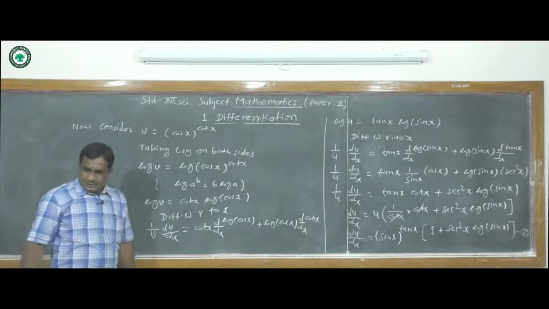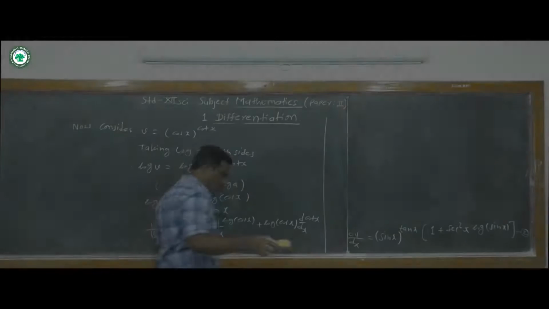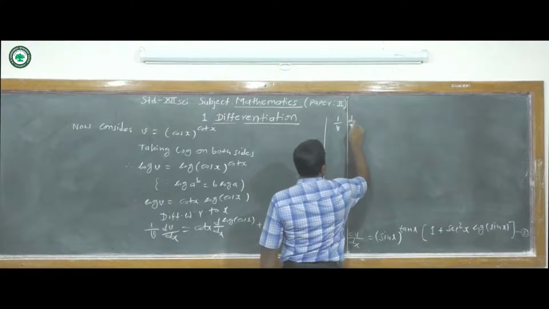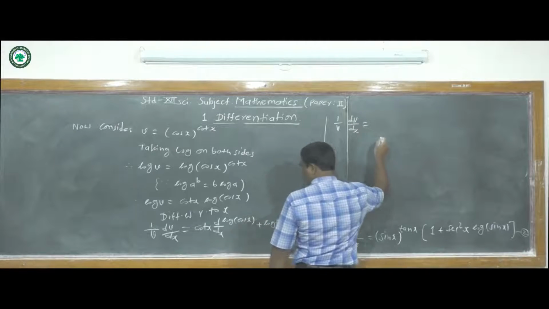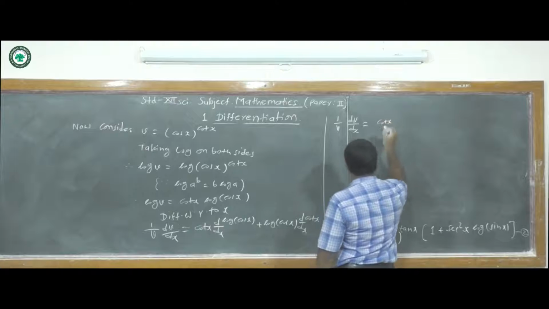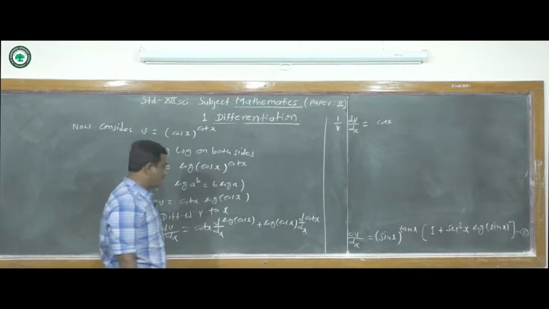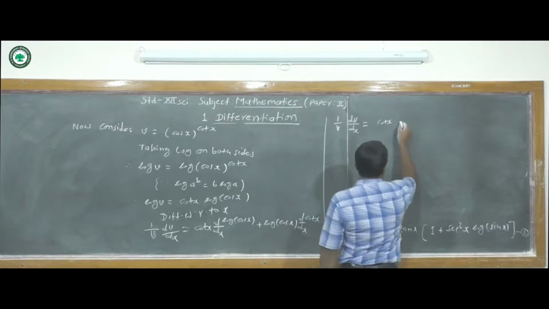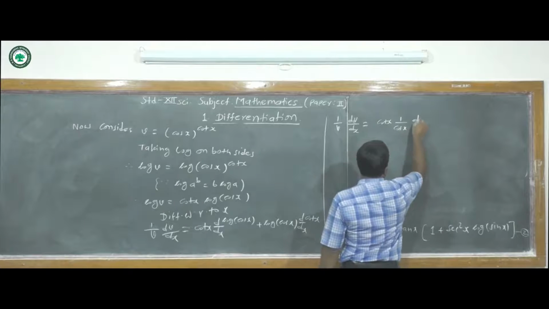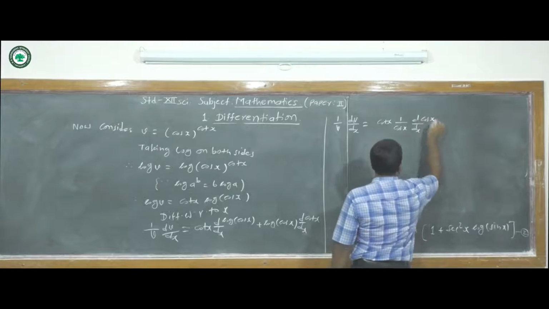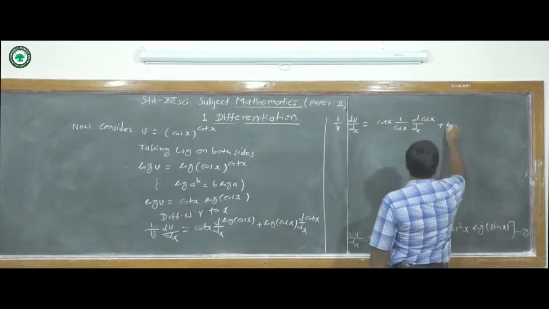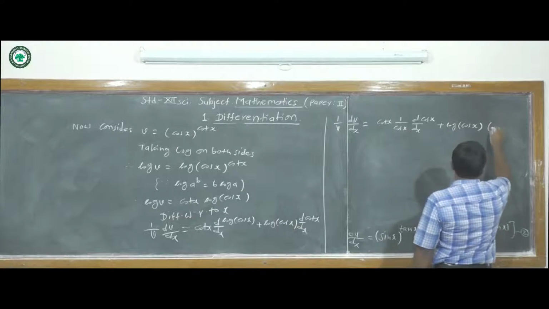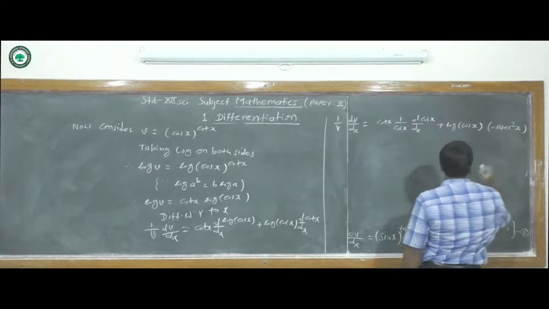That is, 1 upon v into dv by dx equals cot x as it is, the derivative of the composite function log of cos x is 1 upon cos x into d by dx of cos x, plus log of cos x into the derivative of cot x, which is minus cosec square x.